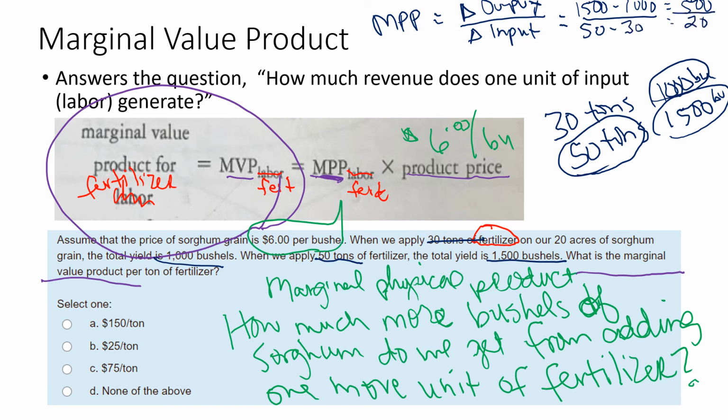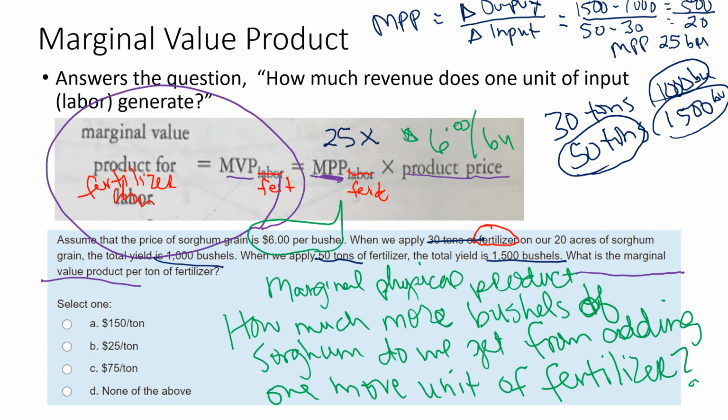So 500 divided by 20, if I put that in the calculator quick, is 25. So our marginal physical product is 25 bushels, which means that for each additional unit of fertilizer input, we will get 25 more bushels of sorghum.